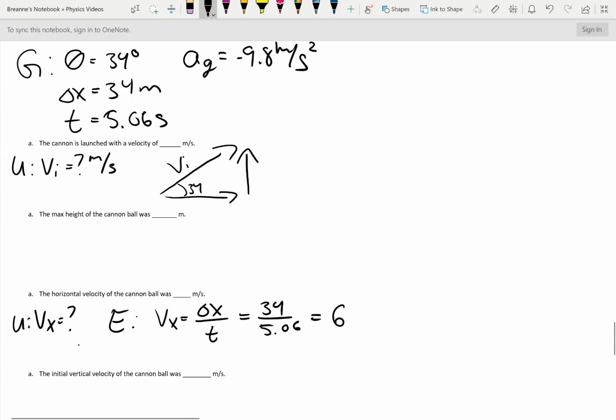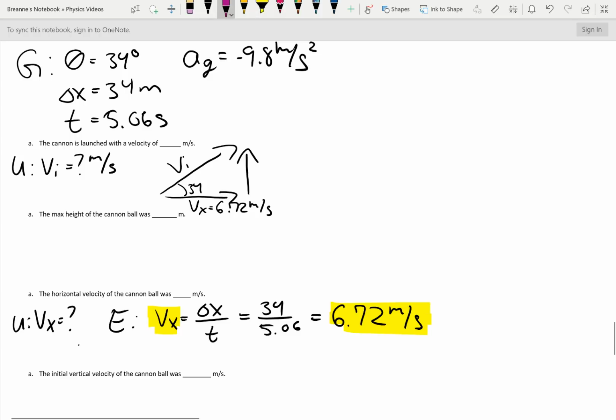That gives you a velocity in the x of 6.72 meters per second.